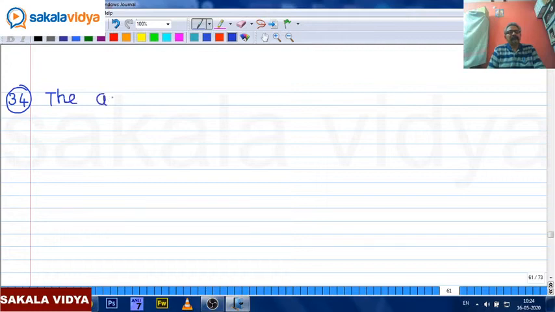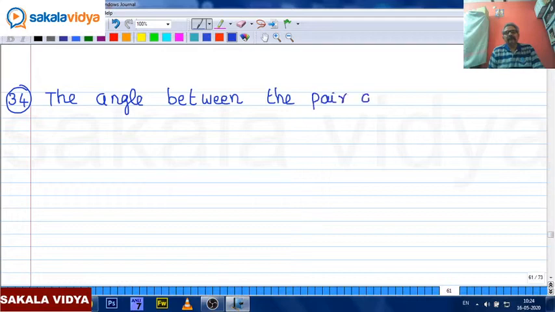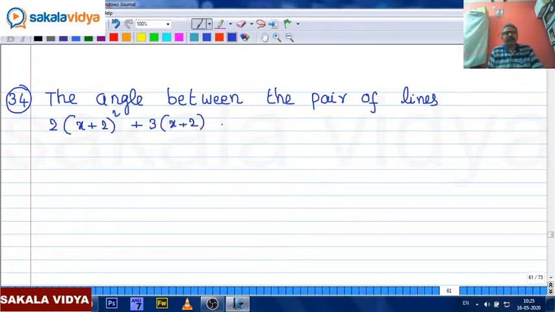The angle between the pair of lines 2 times x plus 2 whole square plus 3 times bracket of x plus 2 bracket of y minus 2 minus 2 times y minus 2 whole square equal to 0.